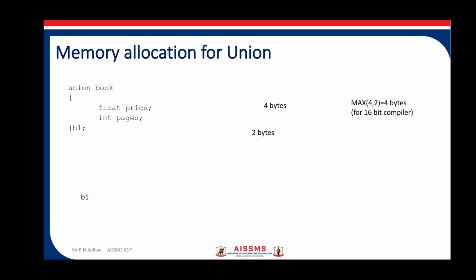So the memory allocated for union B1 will be 4 bytes. That is the maximum memory required for a variable, 4 bytes for float price. So in this memory location, either you can store price or you can store the value for pages. So at a time, only one valid data can be stored.